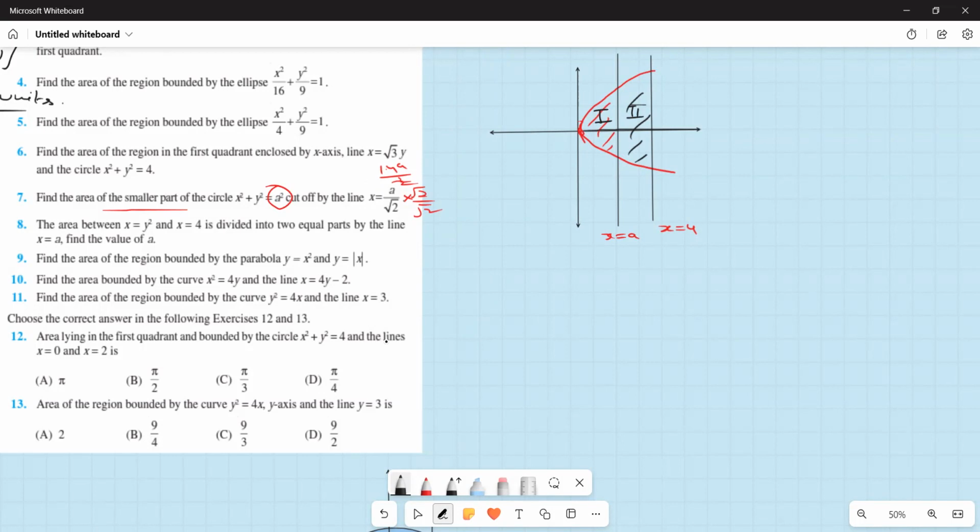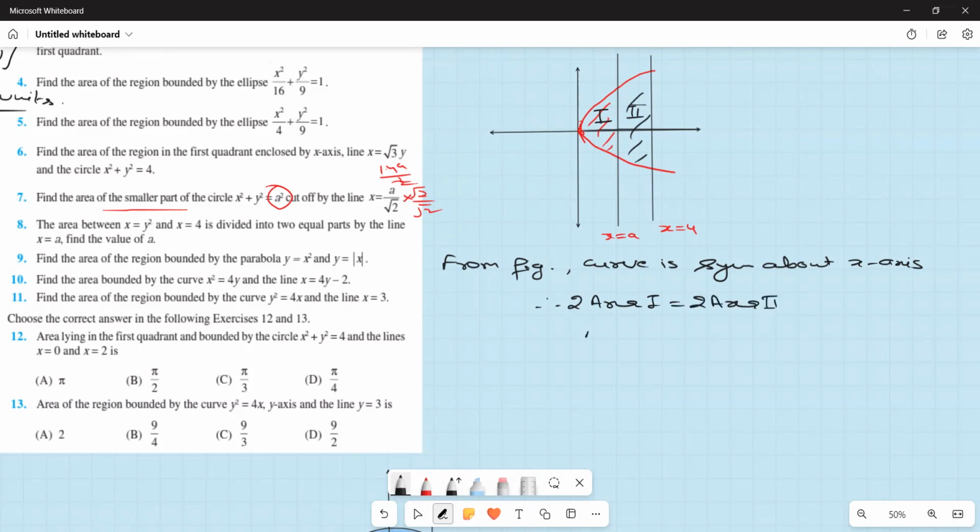So from figure, it's clear that curve is symmetrical about x-axis. Therefore, twice of area 1 is equal to twice of area 2 given. So area 1 is equal to area 2, na?